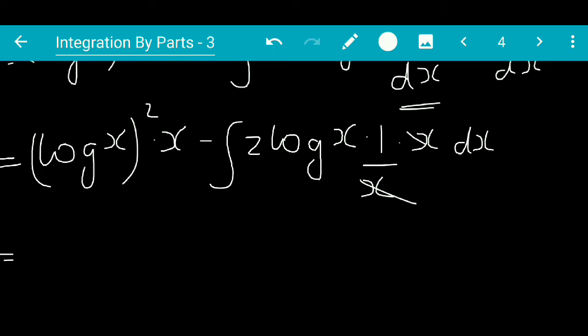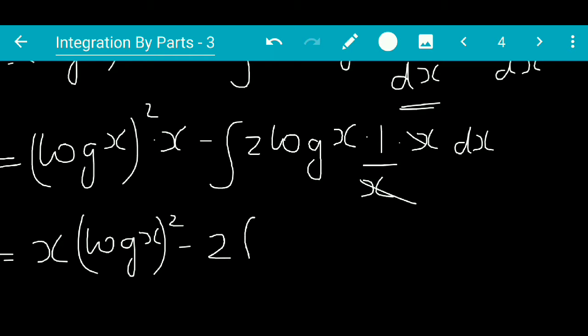We can write it this way, that is x log x the whole square, minus, let 2 come outside the integral sign, and we get the integral of log x.